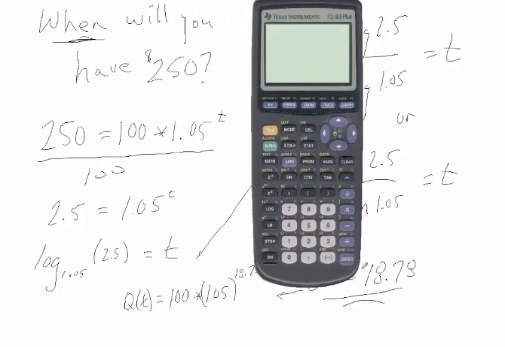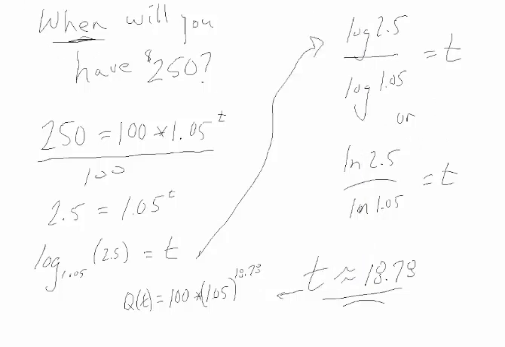Well, 100 times 1.05 to the 18.78 equals pretty darn close to 250. Okay, we've rounded a little bit, but that's how we can get our answer there. So the change of base is a nice way to do things.